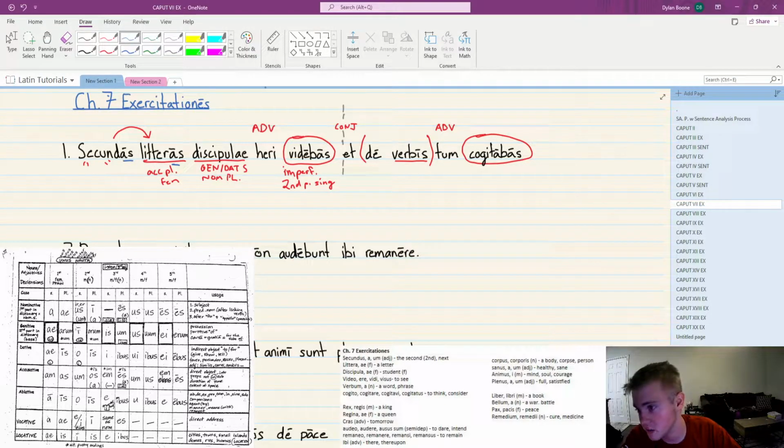Our subject is whatever the verb is based off of, the number of our subject, right? And the person. We know that our subject is singular, right, from videbas, and we know that the discipulae to be nominative would have to be nominative plural, so we can knock that option out. And we'll hold for now on the genitive or dative determination.